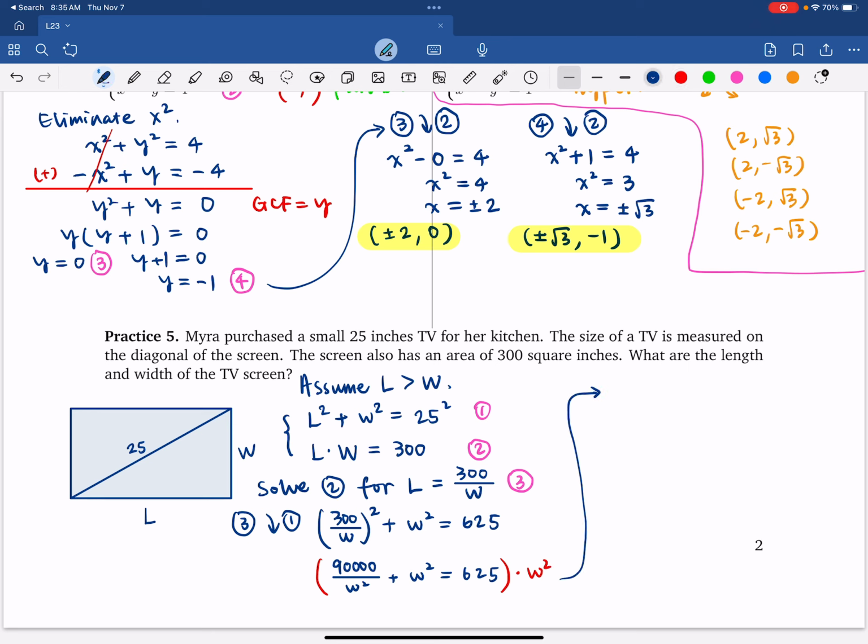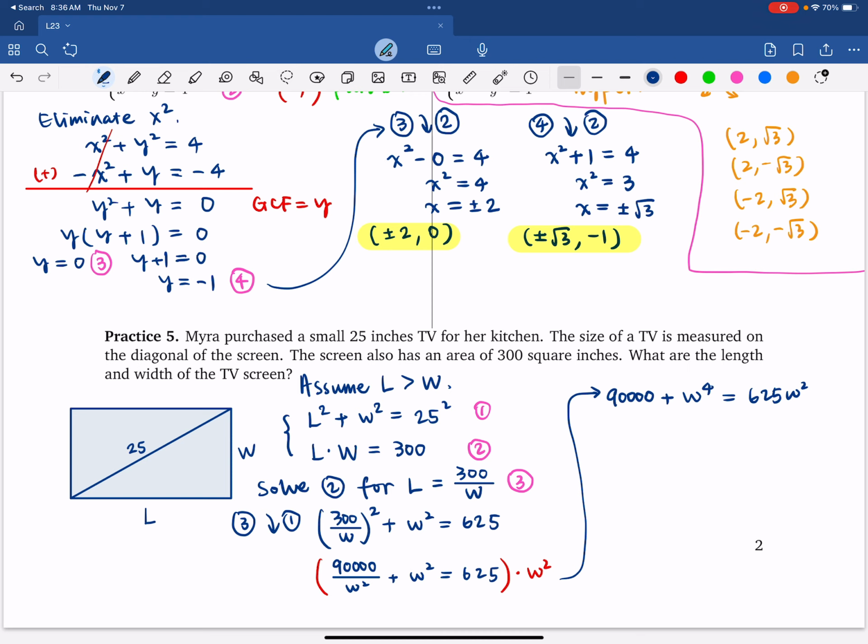And this will give you, for the first part, the denominator and the W squared will cancel out. It's just going to be 90,000, plus the second product, you're multiplying W squared by W squared, so that's W to the 4th, equals 625 W squared.